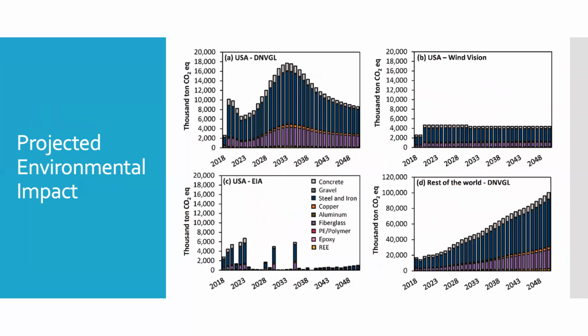And so this ties into the projected environmental impact all the way to the year 2050. As you can see between the four graphs, which use the different forecasts, there's a big difference in the estimated global warming potential.